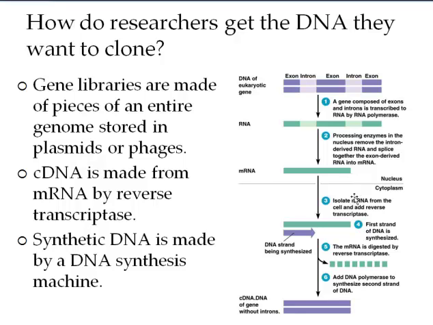Now, if this messenger RNA is extracted from the cytoplasm, which is done in many laboratory settings, then through a synthetic process, the messenger RNA can be used to synthesize a synthetic DNA, the complementary DNA.